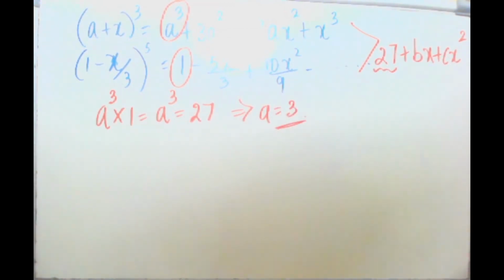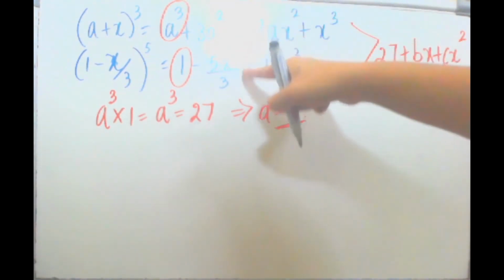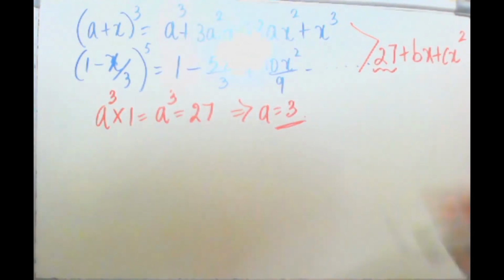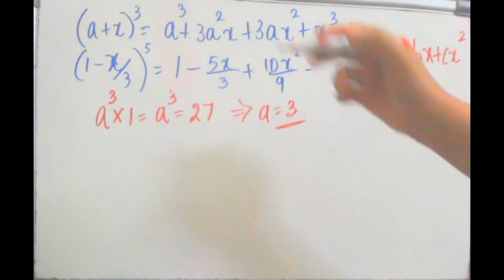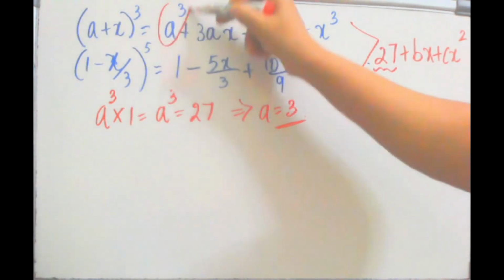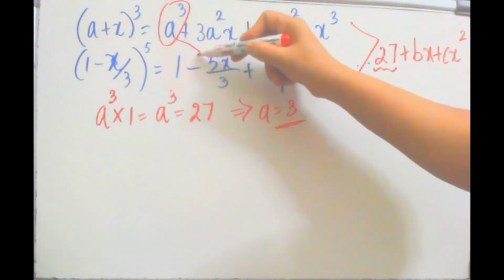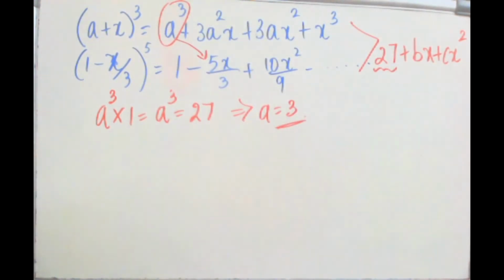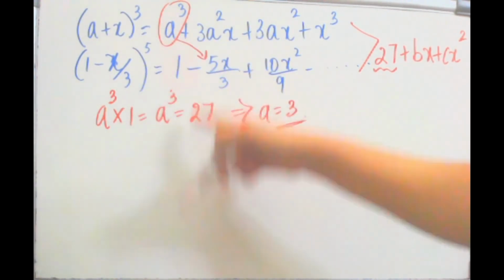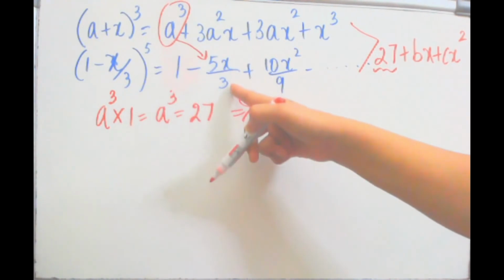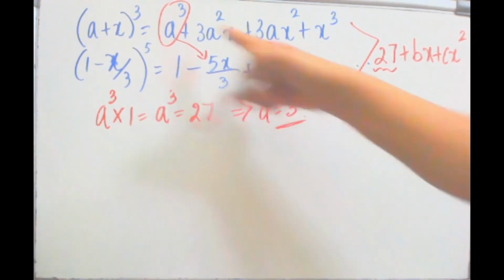Now, we will observe which terms from both the brackets give us an x term. When a constant is multiplied with an x term from the second bracket, or if you see, a cube multiplied by 1 is a constant, a cube multiplied with the x term is an x term, but a cube multiplied with x square is an x square term.